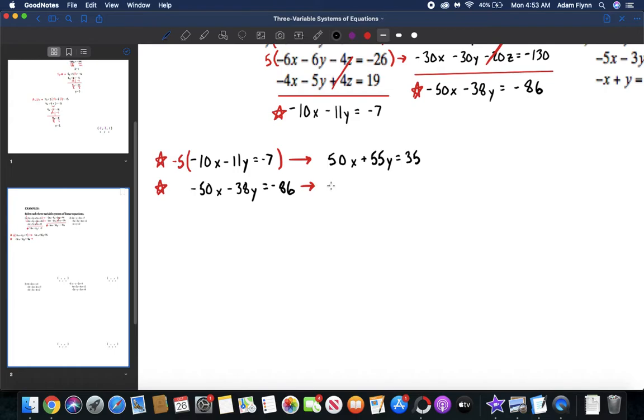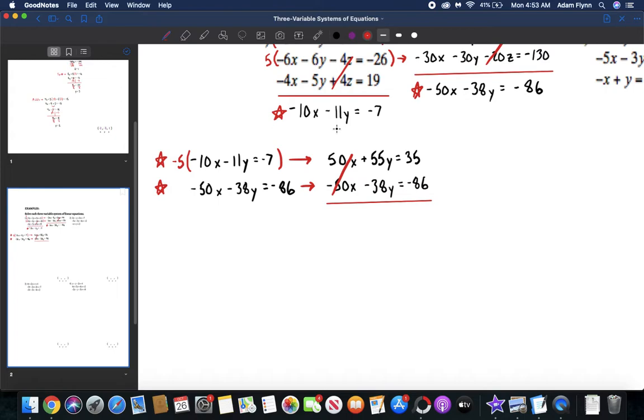And then I've got my negative 50x minus 38y equals negative 86. So I can combine these two equations. And when I do that, my x's cancel.